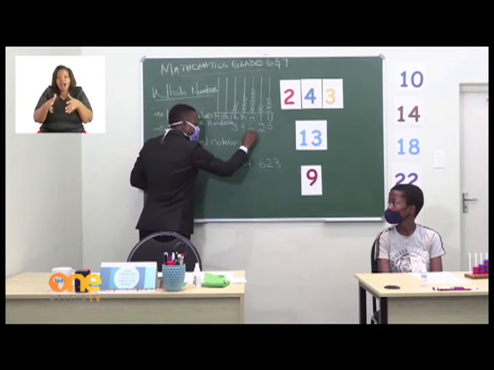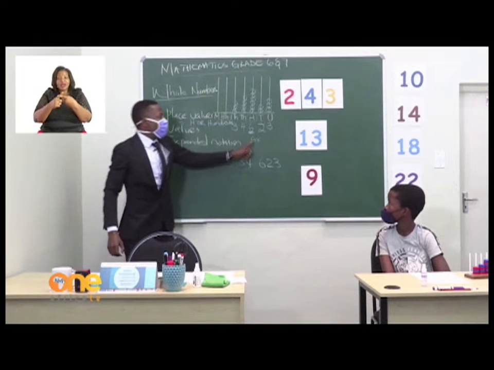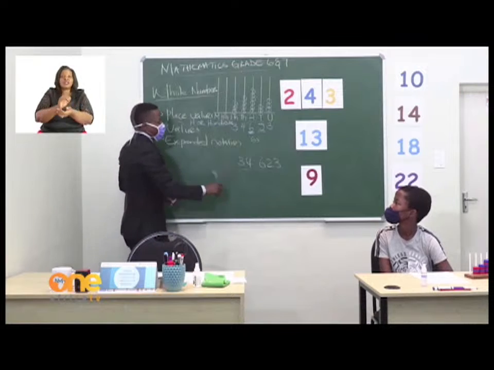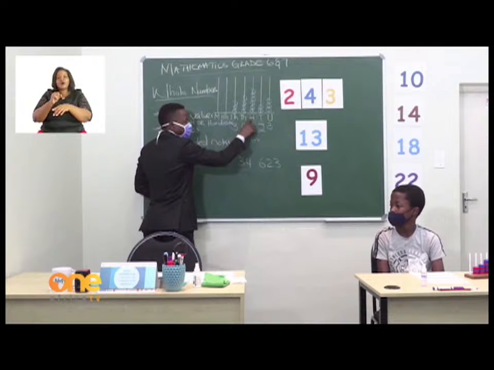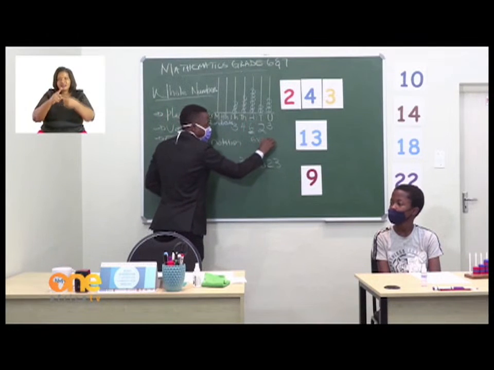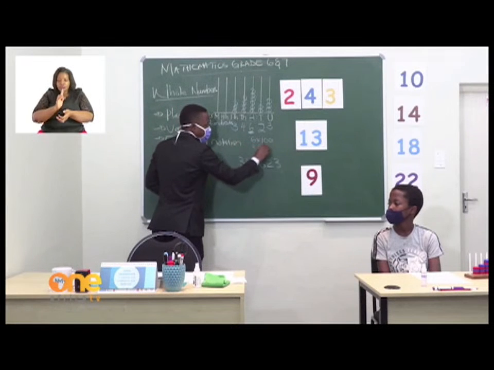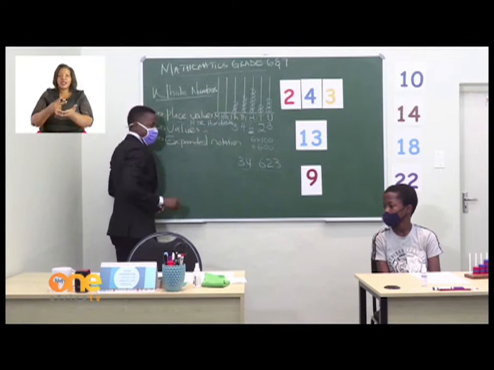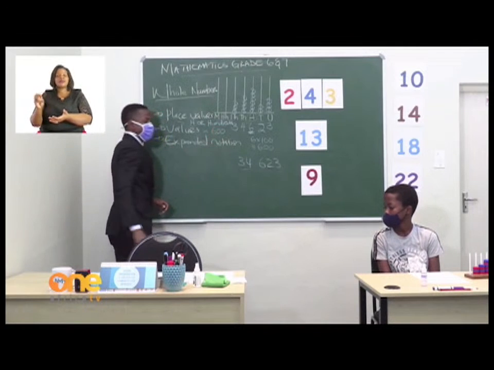You take 6, you multiply with the place value of 6. 6 is in position of 100. Now you have to multiply 6 times 100 to give you 600. So the value of 6 is 600.